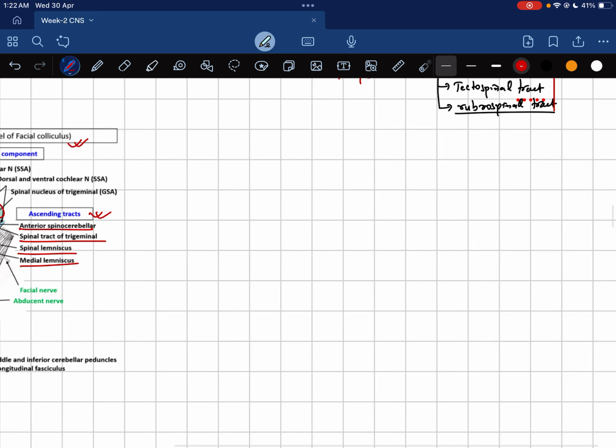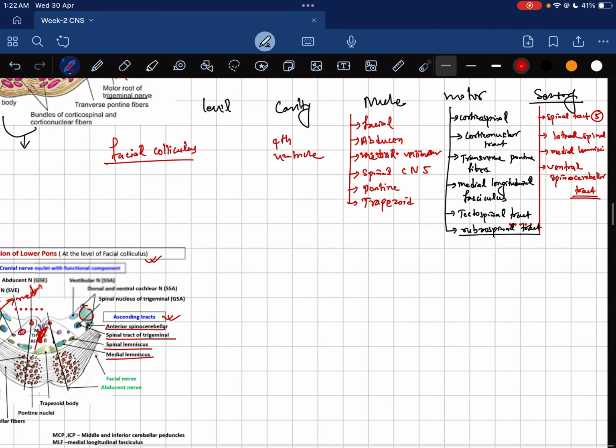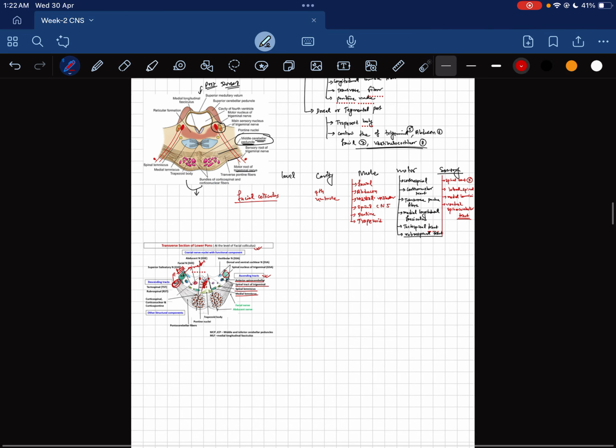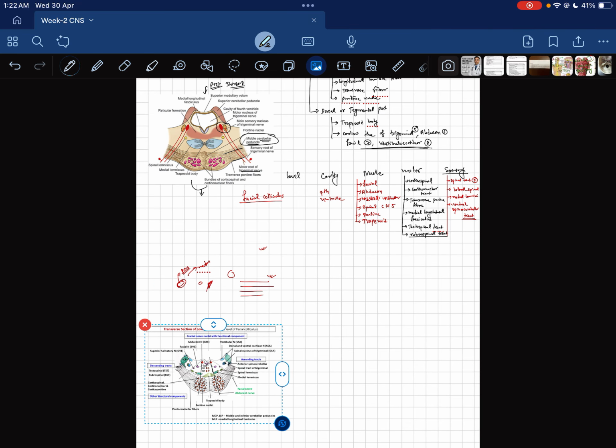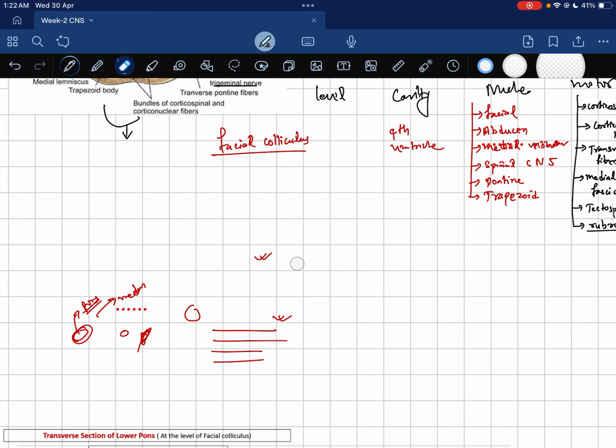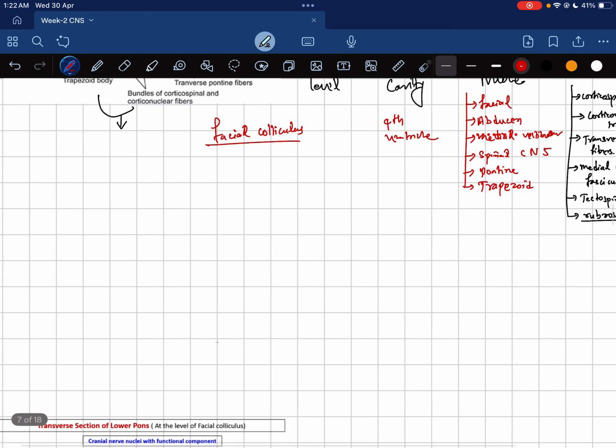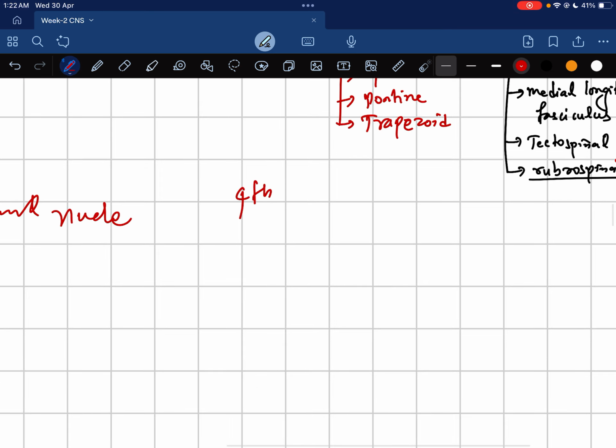Moving on to the trigeminal level, at the level of the trigeminal nuclei. There is the fourth ventricle cavity.